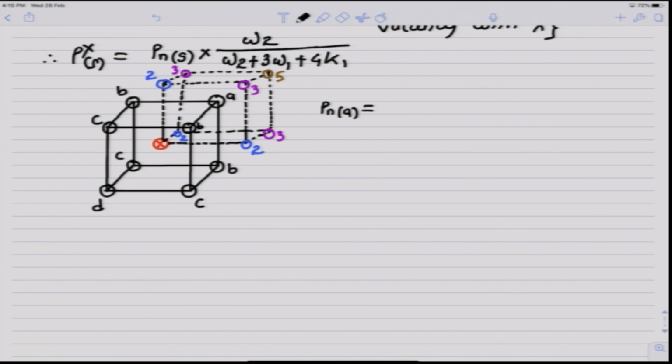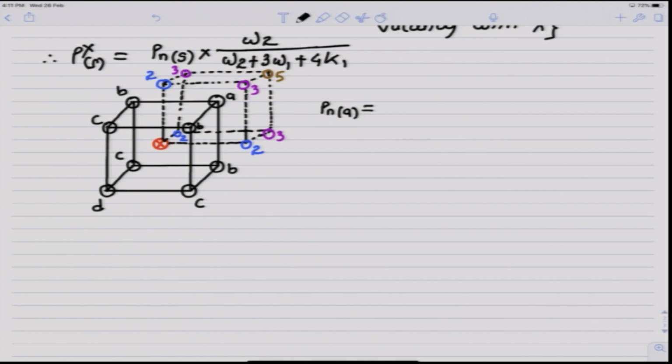Now, this nth jump may be of omega 1 prime type or a k1 type of jump. Omega 1 prime type of jump is the jump from a second nearest neighbor of x to the nearest neighbor of x, and k1 type of jump is the jump from a third or fifth nearest neighbor of x to the nearest neighbor of x.